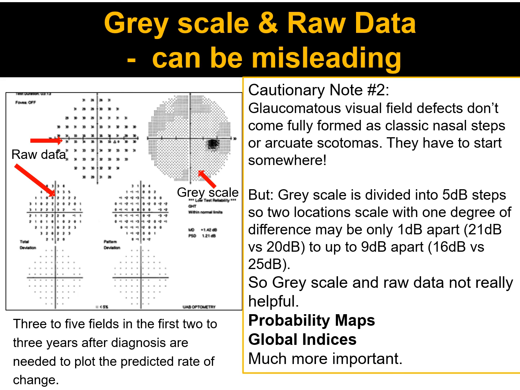So the grayscale is just raw data, and it's really unhelpful. And if you think that with glaucomatous visual field defects, they don't come fully formed, so they have to start somewhere. That can be very, very subtle. So these 5 decibel steps aren't all that helpful. Probability maps and global indices are far more important.